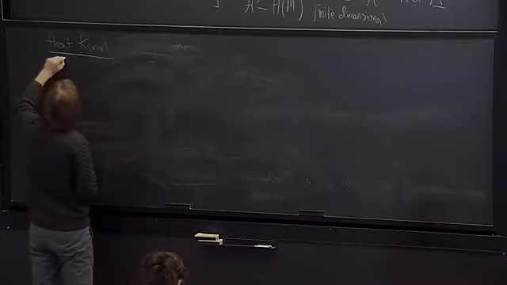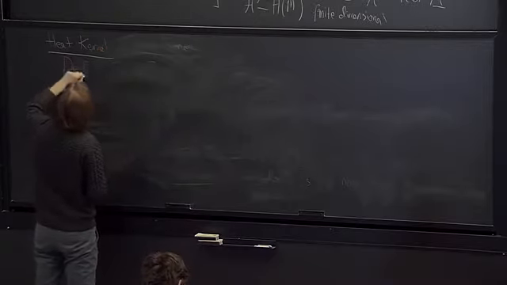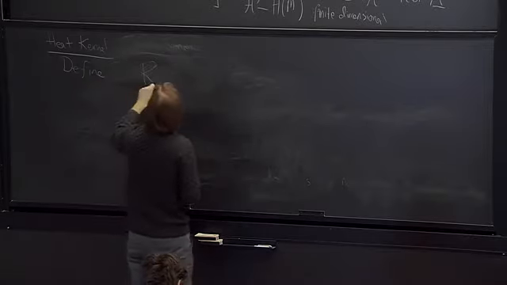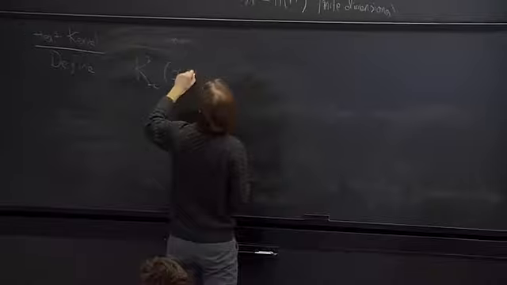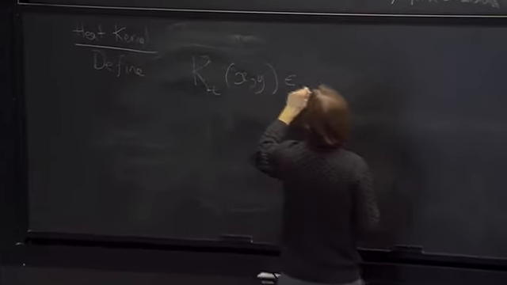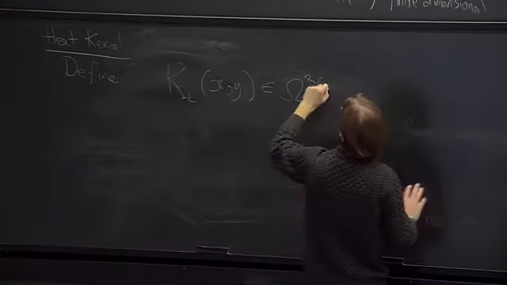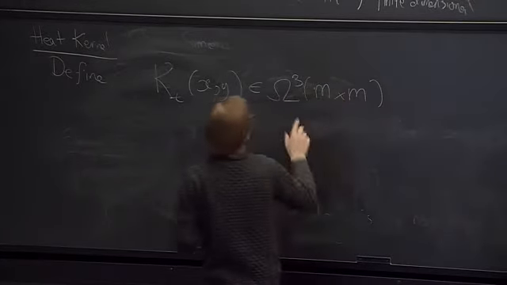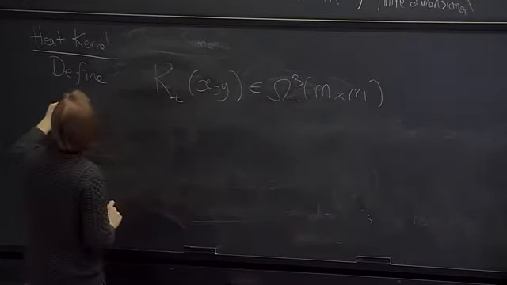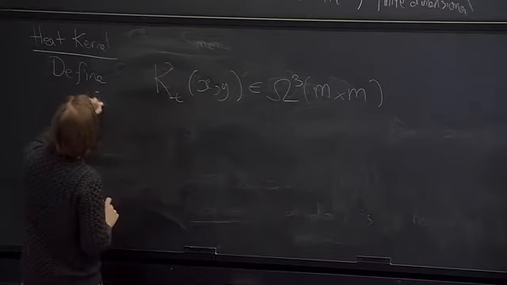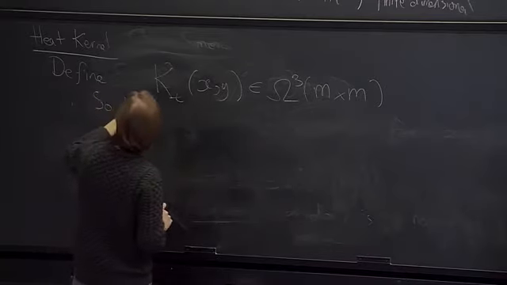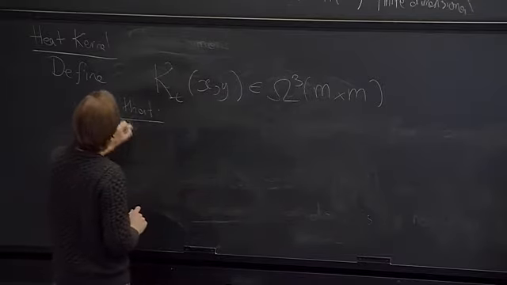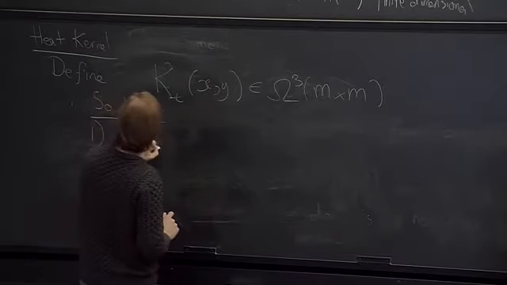So we define K_t(x, y), which is a 3 form on M cross M. Firstly, it satisfies the heat equation.